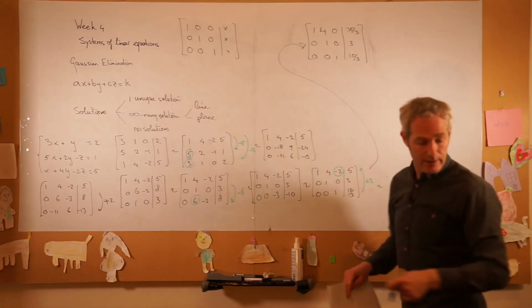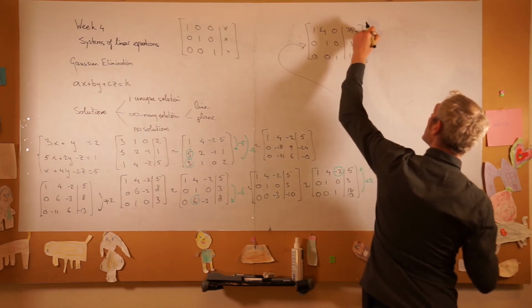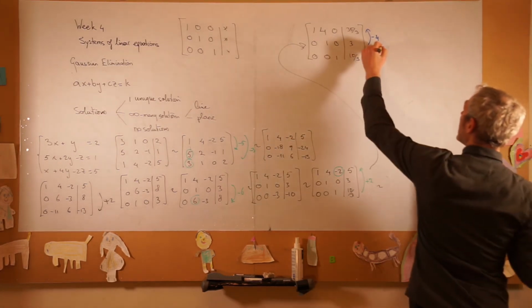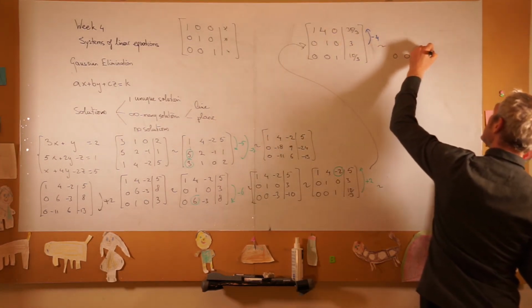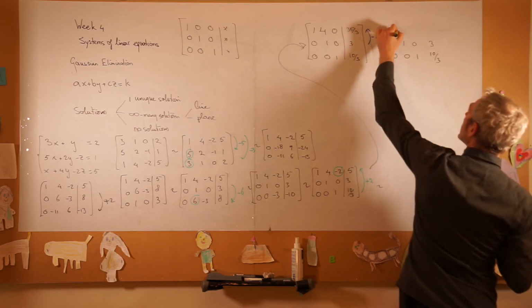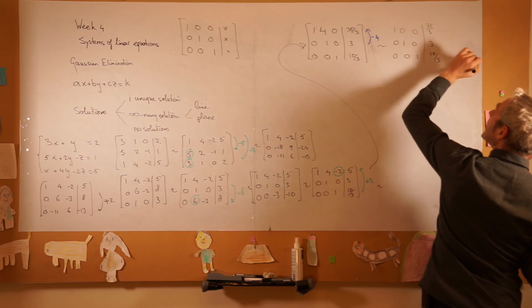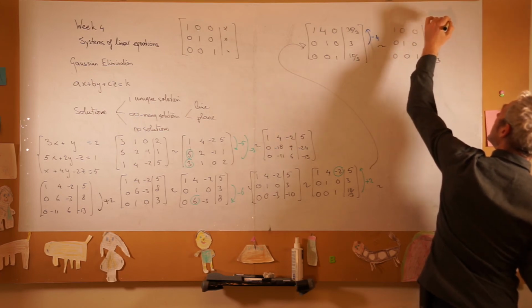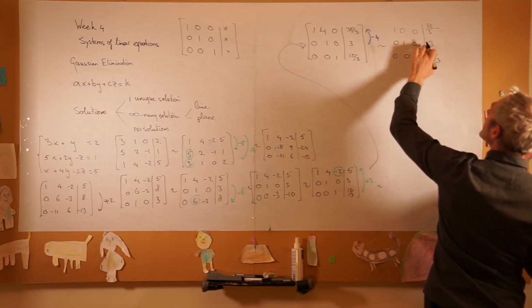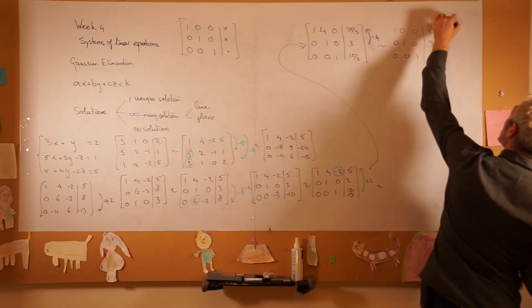All right, so we get the last step. We subtract the second row 4 times from the first row, and the last one just stays the same, 10 over 3. The second row stays the same, 3, and then I get 1, 0, 0, and then I get 35 over 3 minus, what is it? 4 times 3, minus 12, so that is 36 over 3.